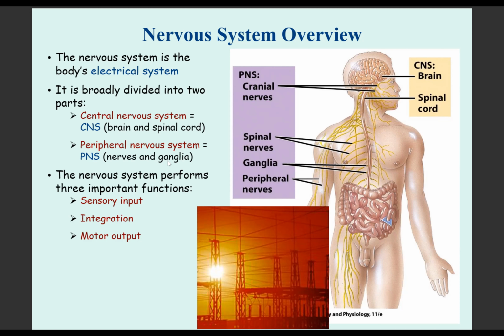So the ganglia are just collections of cell bodies that we find in the peripheral nervous system, while nerves will be collections of the axons.